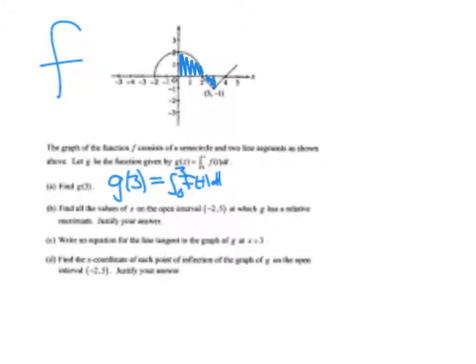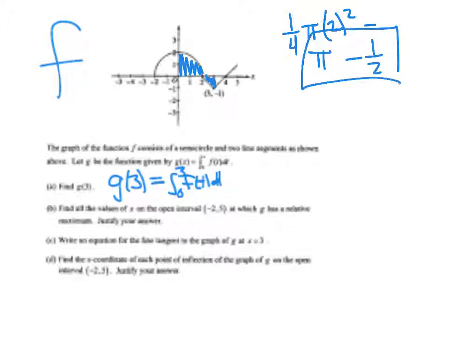Okay, well, I have a positive quarter circle, so that's 1/4 pi. My radius is 2, so 2 squared, so that's 4, so I would say that's a pi. And then I have a negative, so I'm going to subtract whatever that area is. That looks like 1 by 1, so 1/2 times 1 by 1, minus 1/2. So I would say this is equivalent to pi minus 1/2.